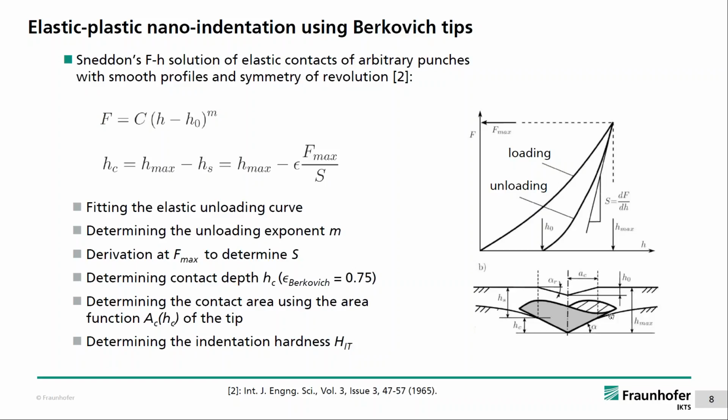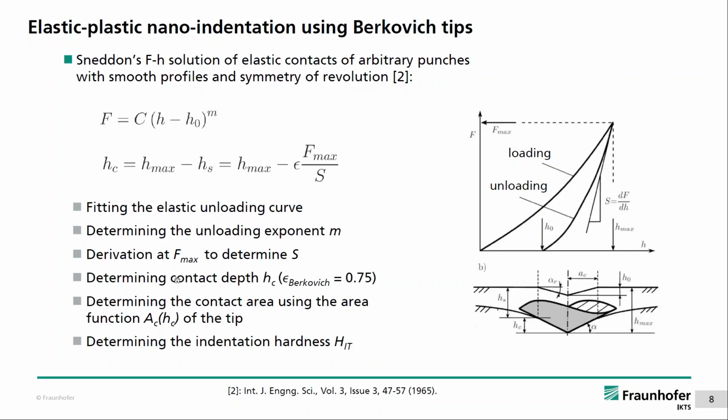The contact depth, this is the indenter tip in contact, and this is after the loading, this is the residual imprint. And in contact at maximum force, you have a depth where the indenter tip is really in contact with the half space, with the specimen. And then the rest is elastic deformation. And using Sneddon's theory, you can then get the contact depth.